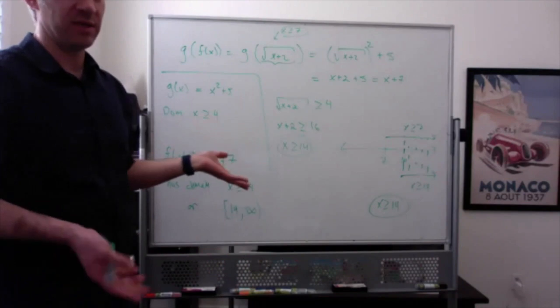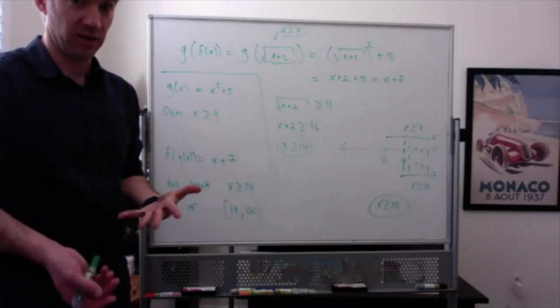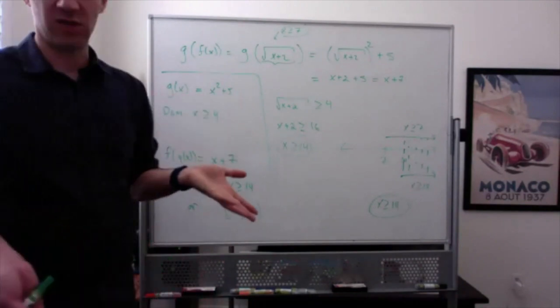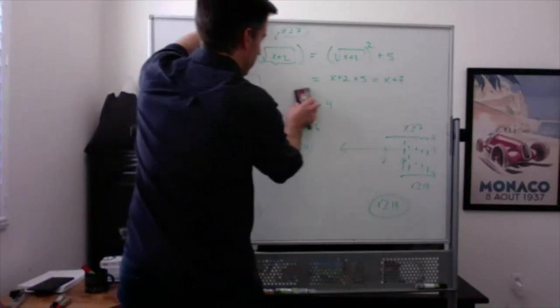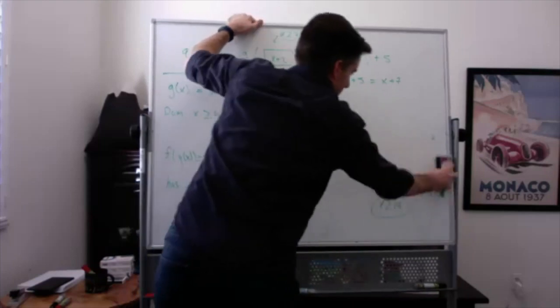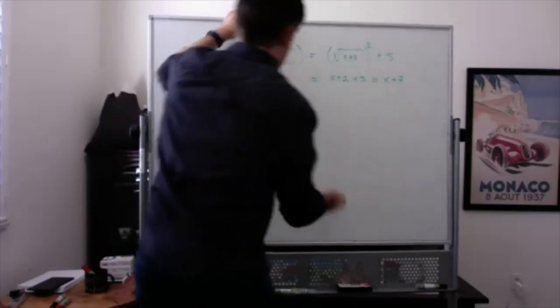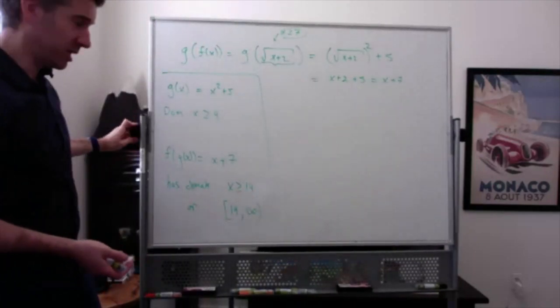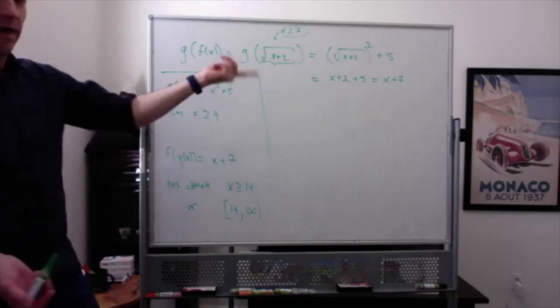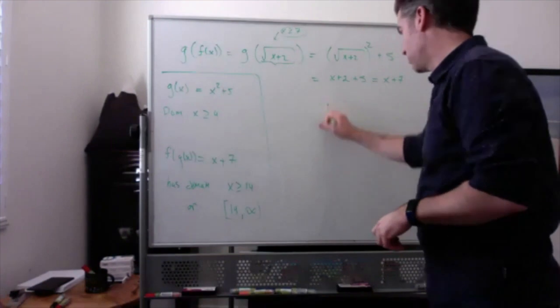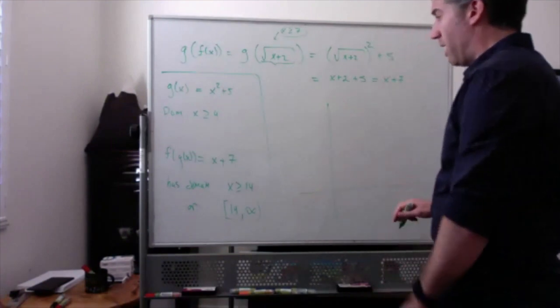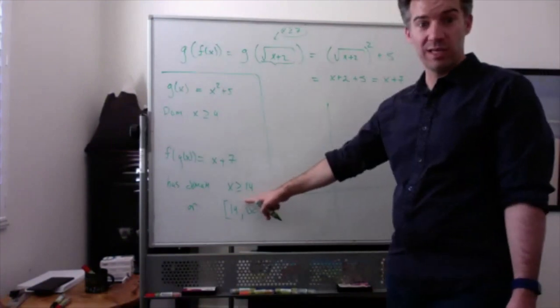Other than that, the way we typically find the range is graphically. So we could totally graph this. It's actually not hard to graph. I'm going to erase this. This one is probably the easier of the two examples. So I can graph g of f of x equal to x plus 7. And I know my domain is starting at 14.